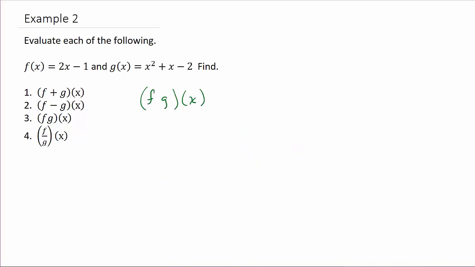Alright, so let's look at f times g of x. Well, that's what? That's f of x times g of x. And so that is 2x minus 1 times g of x, which is x squared plus x minus 2.